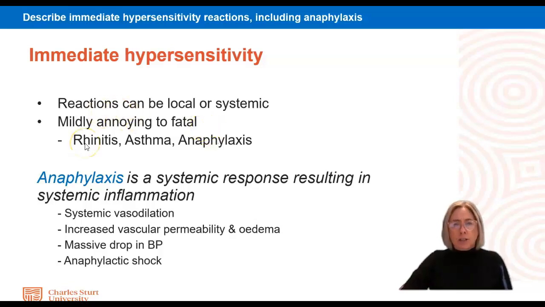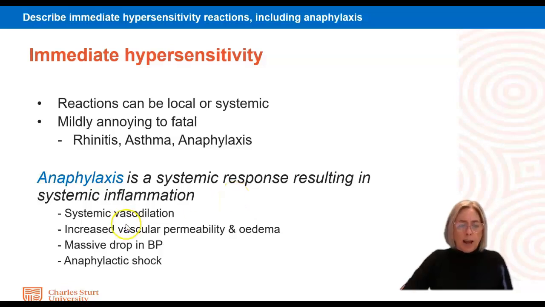How serious the reaction is depends upon how sensitive the individual is to an allergen, how much of the allergen they're actually exposed to, and how they have been exposed to that allergen. As I mentioned, rhinitis is pretty annoying, but anaphylaxis then is a systemic response resulting in systemic inflammation.